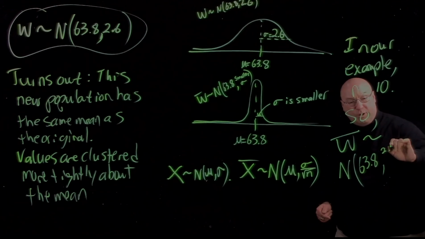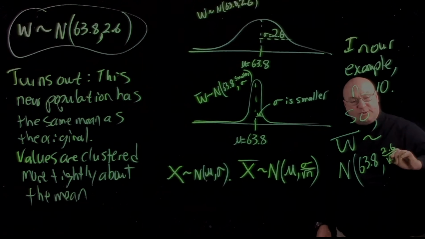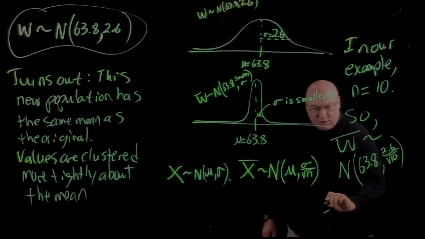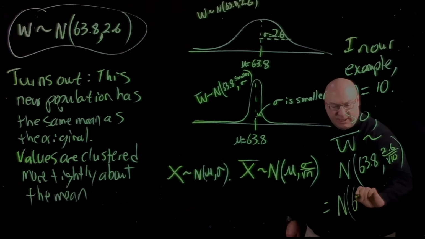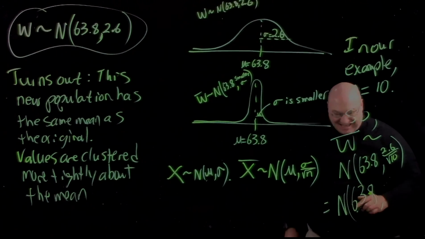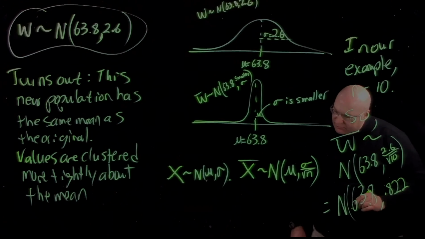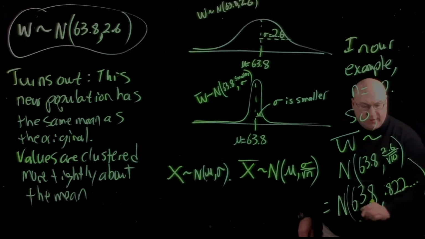It'll be 2.6, the original standard deviation, divided by the square root of the sample size, the square root of 10. So what you get is normally distributed. It's 63.8 for the mean, and it works out to be 0.822, I'll go ahead and put another digit on there, 0.8222, et cetera, for the standard deviation.